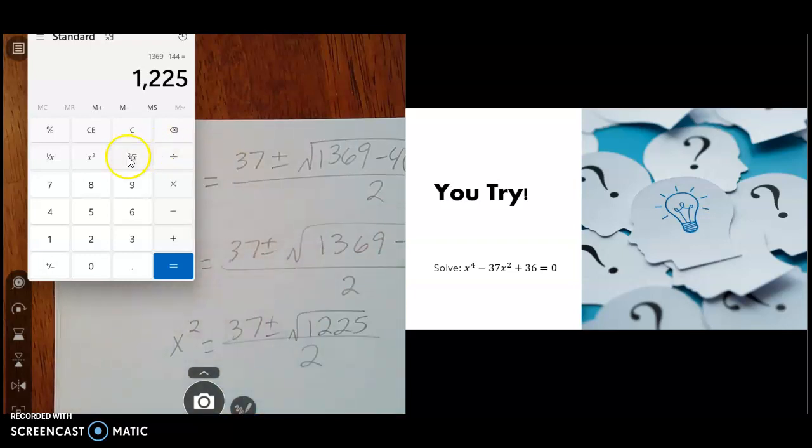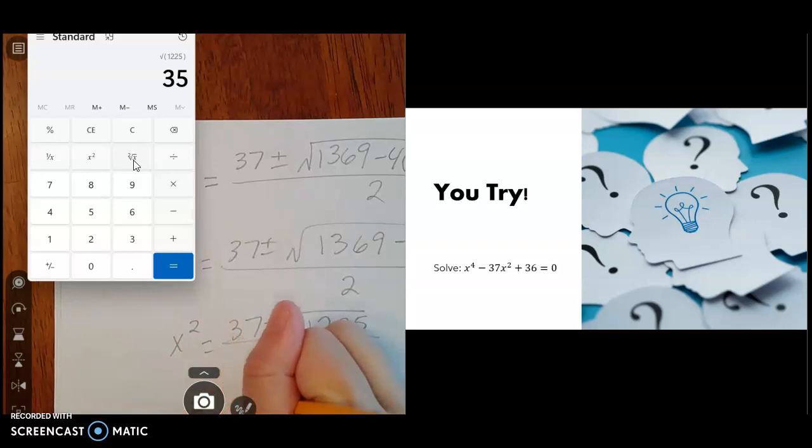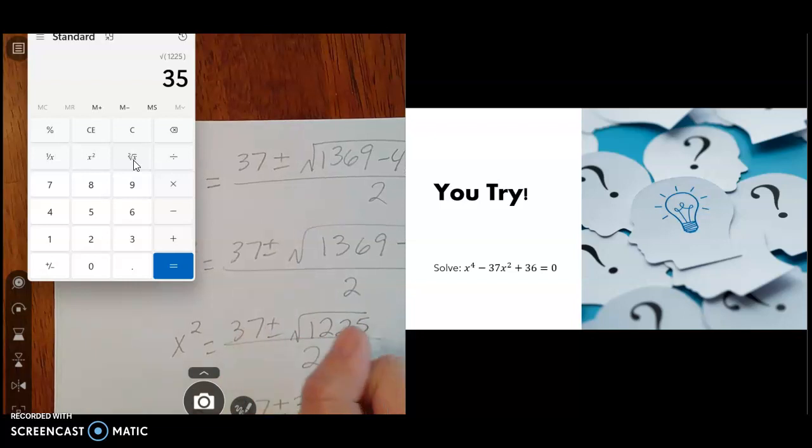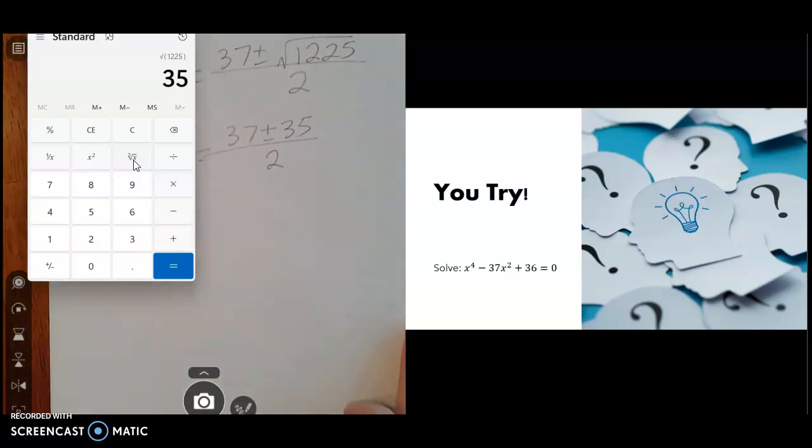And that is a perfect square. The square root of 1,225 is 35. So we'll have x squared equals 37 plus or minus 35 all over 2. Whew. This is definitely a longer way to get there, but we're going to do it.